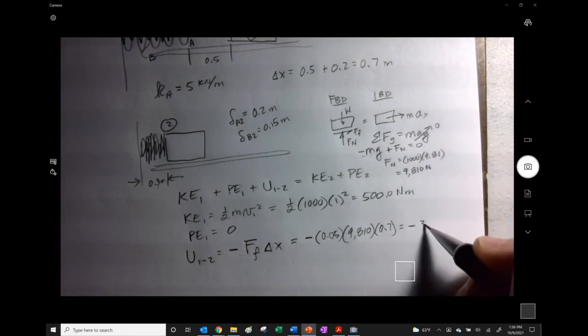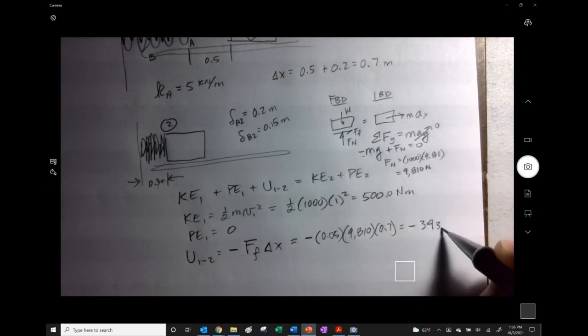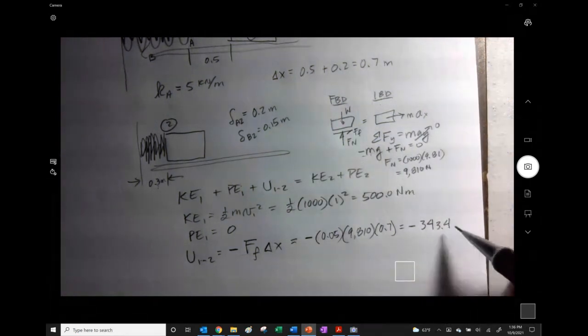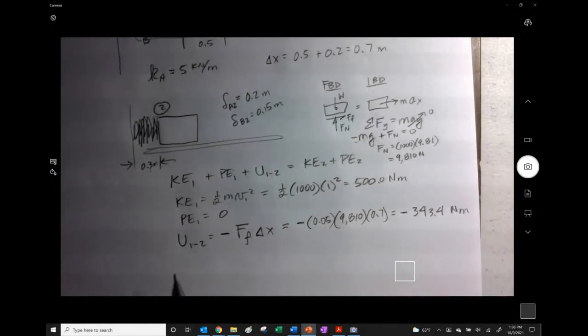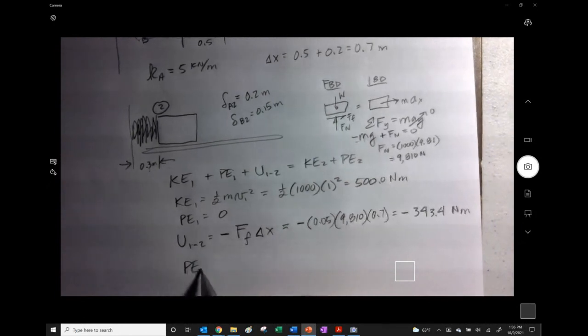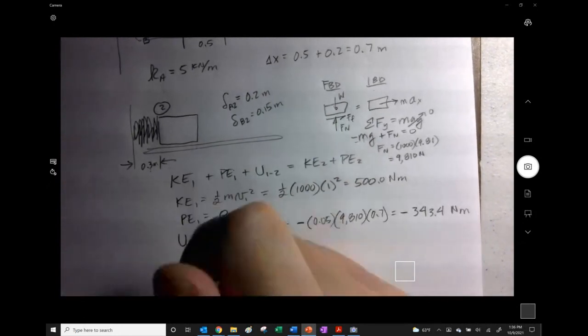And we get a negative 343.4 Newton meters, right?